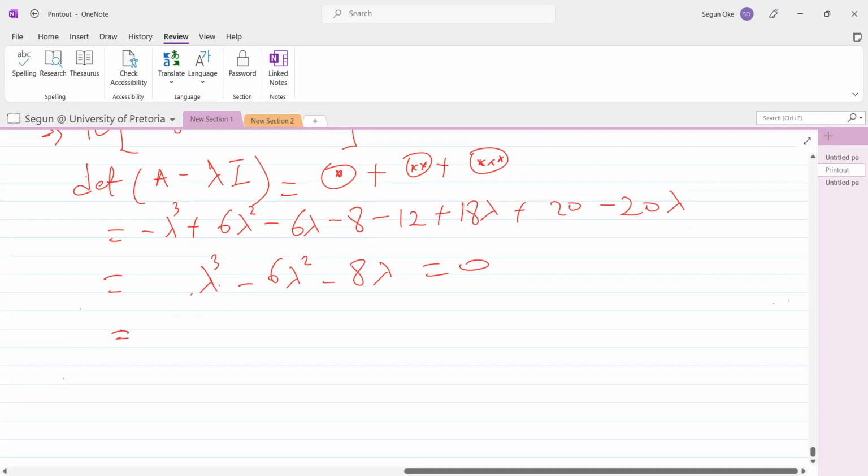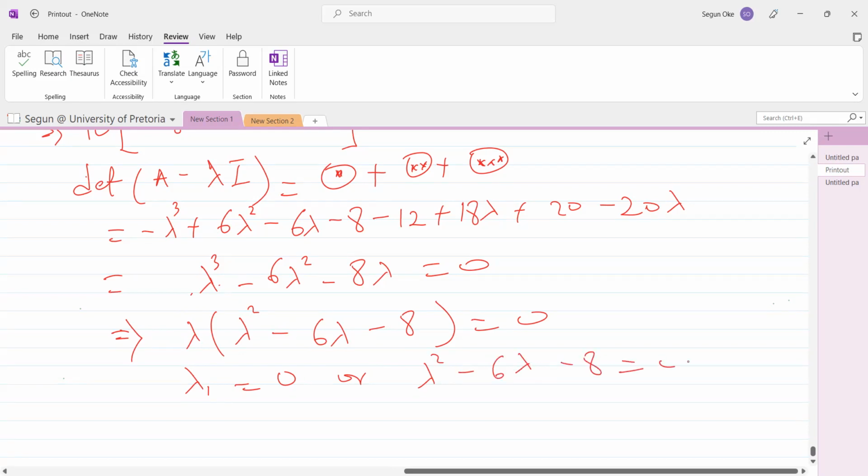So lambda is common to them. We have lambda squared minus 6 lambda minus 8, all equals 0. Then lambda 1 equals 0, or lambda squared minus 6 lambda minus 8 equals 0.